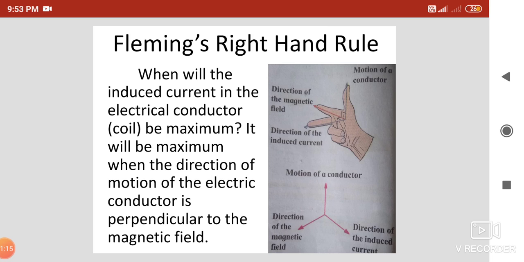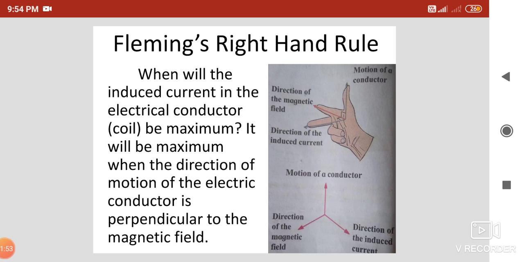Now, what type of difference is there between Fleming's right hand rule and Fleming's left hand rule, you find out after observing both videos. Before starting the statement, remember one thing from the last video. We said that when the coil is moved against the magnet, or the magnet is moved against the conductor, a current is induced in the conductor.